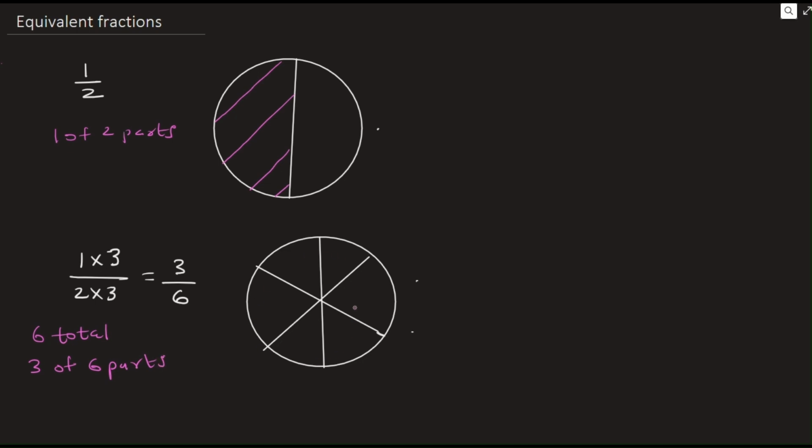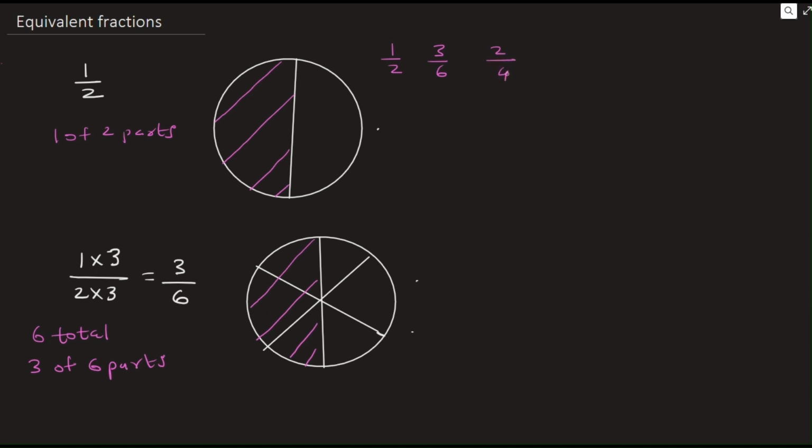So here I have a circle divided into 6 parts, and 3 of 6 parts is this shaded portion. So can I see this 1 of 2 parts and 3 of 6 parts is one and the same? So basically here 1 over 2 and 3 over 6 are equivalent fractions.